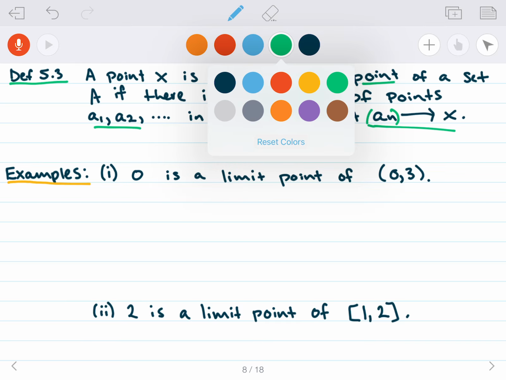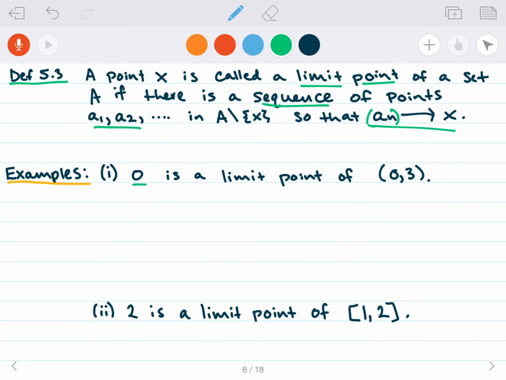So the first assertion here is that 0 is actually a limit point of the set (0, 3). So the claim is that we can find a sequence that's completely inside of (0, 3) that converges to 0. And indeed, there's lots of sequences that will do this. One in particular is the sequence 1 over n.